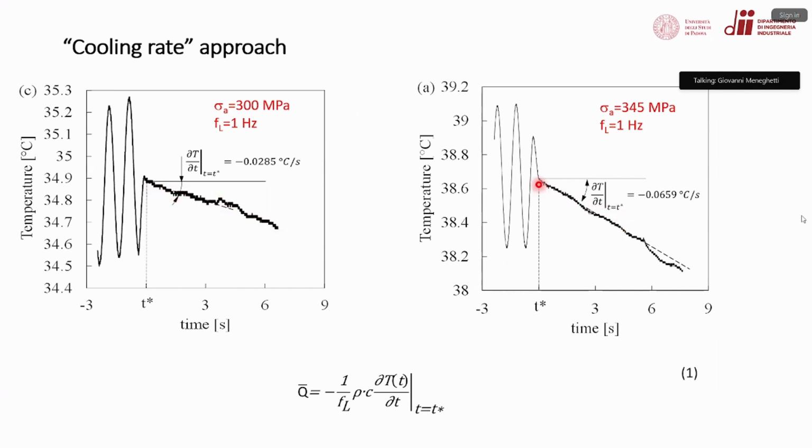The signal to noise ratio is much better if we increase the stress amplitude, just because the thermal increase is higher. So the cooling rate can be recognized in a more clear way. Anyway, after evaluating the cooling rate, we can simply estimate the intrinsic dissipation using the formula we have seen before in the theoretical part.